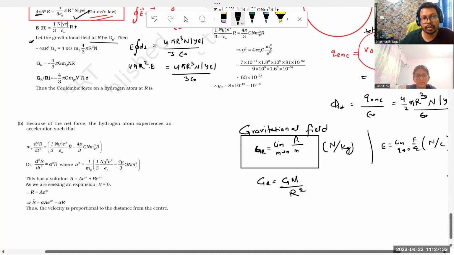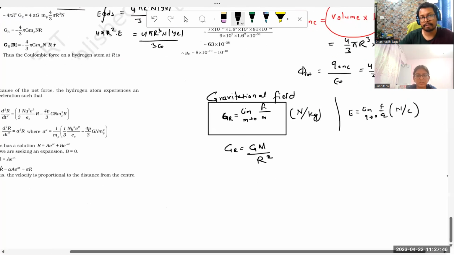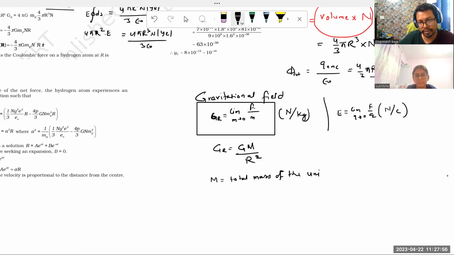So m, the total mass of the universe, divided by r square. What is the total mass of the universe? M is the total mass of the universe. How will you calculate this?